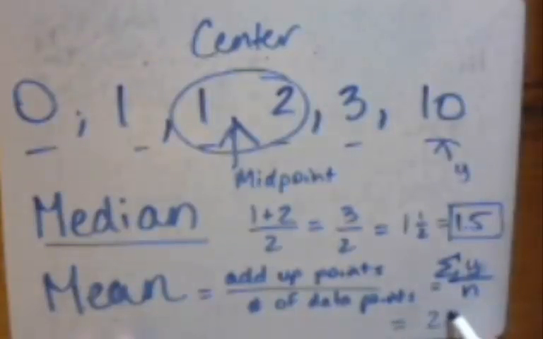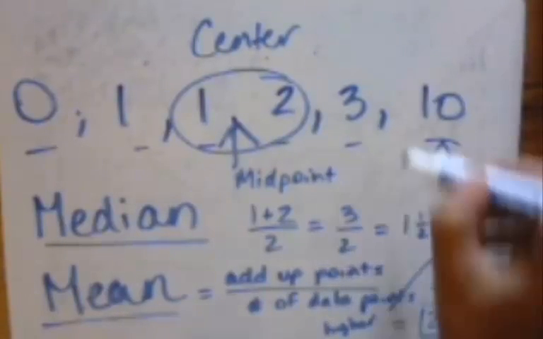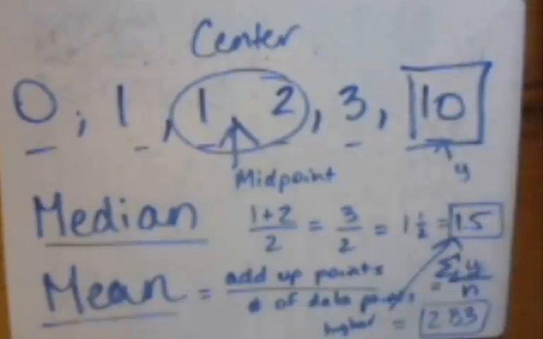So our median here is 1.5, our mean is 2.83. So pause for a moment and think about why our mean is so much higher than our median. If you thought that it's because of this value 10, you are correct.